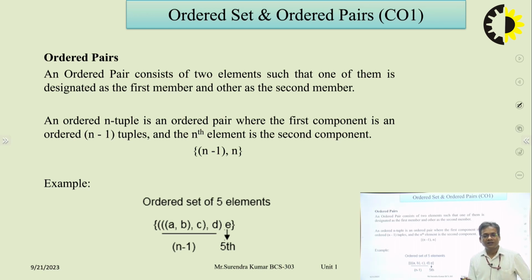That means if you have A comma B, then there must be a first member A and a second member B. An ordered n-tuple is an ordered pair where the first component is an ordered n minus 1 tuple and the second is the nth element. So you can represent it as n minus 1 comma n.